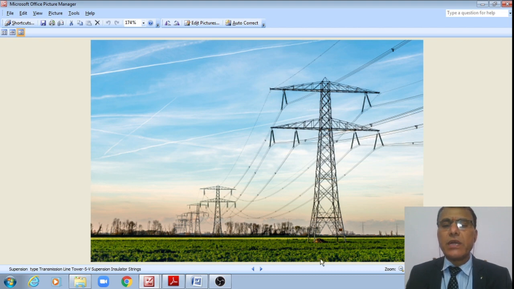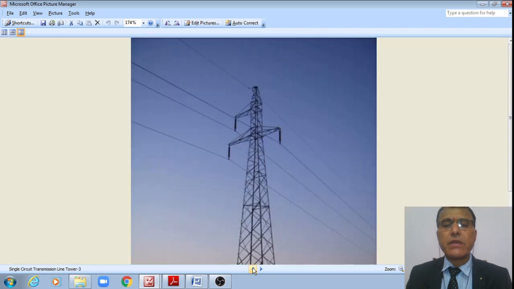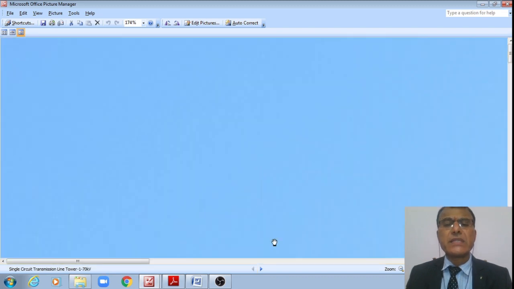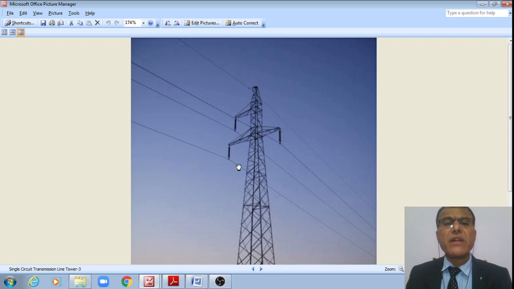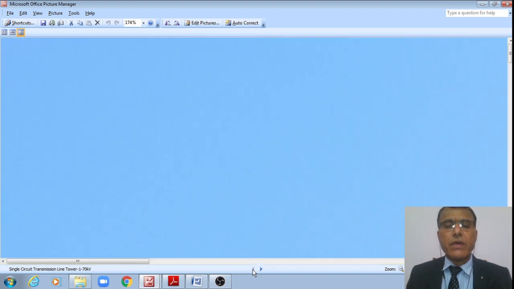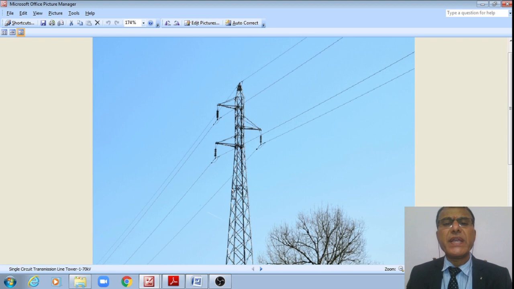Even in this figure you can see that there is an angle of deviation. Therefore, now I take that as 1.5 degree.